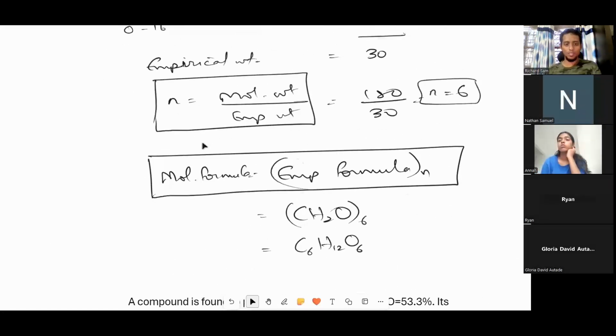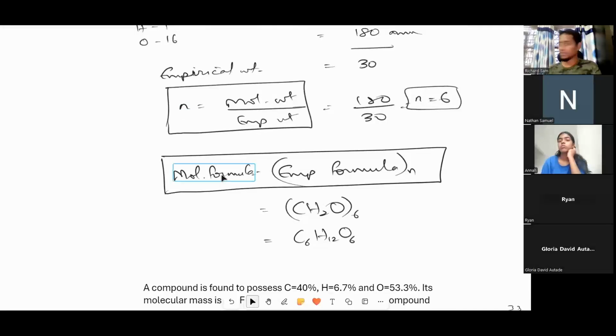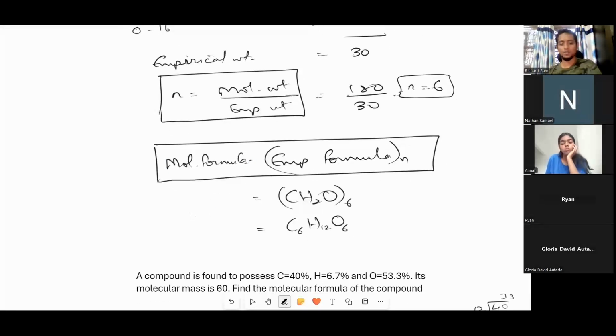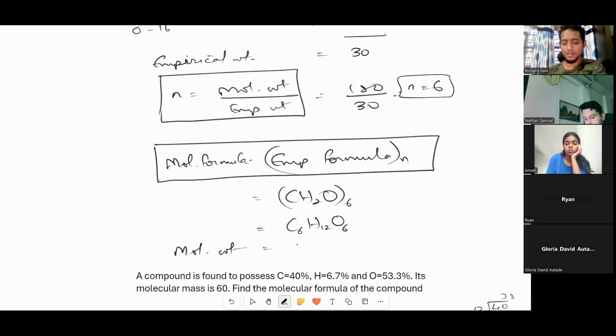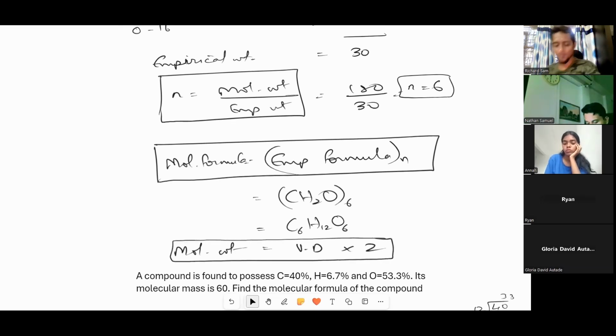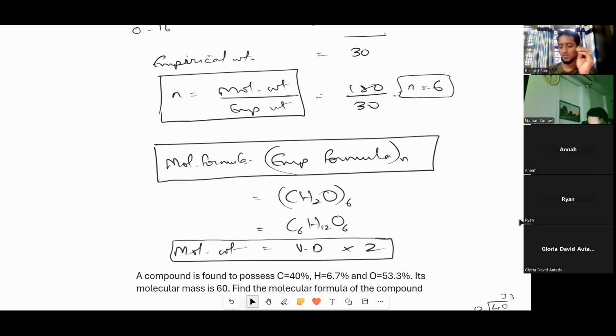We have written two formulas. One was to find n, one was to find the molecular formula. The third formula is to find the molecular weight: vapor density into 2. Write this down as your third formula. So once we get the empirical formula, first we find the molecular weight by doing vapor density into 2.